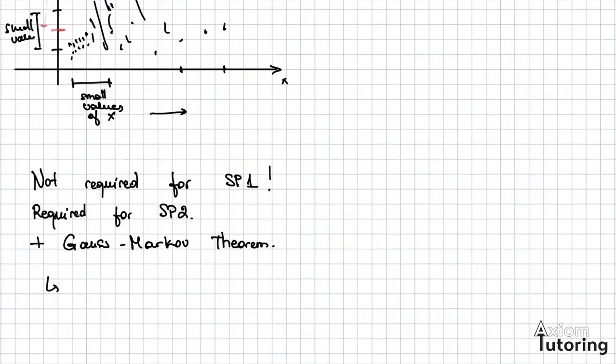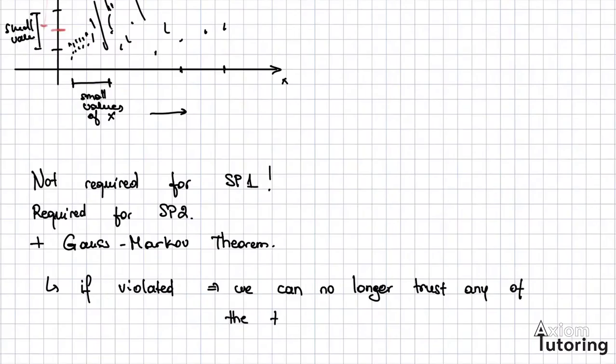So, and this is the most important key takeaway here, if violated, we can no longer trust any of the t-values or standard errors. Why do I emphasize t-values or standard errors? Because when you do hypothesis testing to look at the individual significance of any of the betas that you're estimating, that means that those t-values reported to you by Stata or R, you can't take them at face value.